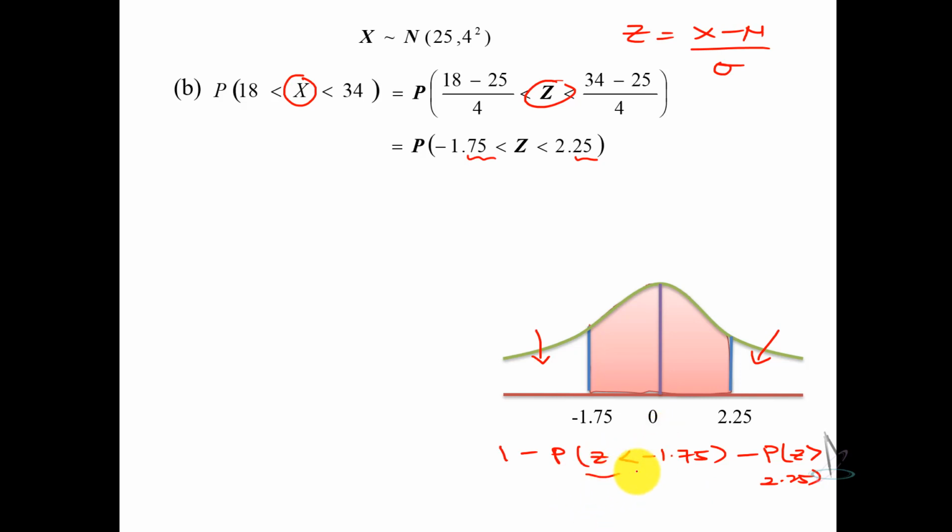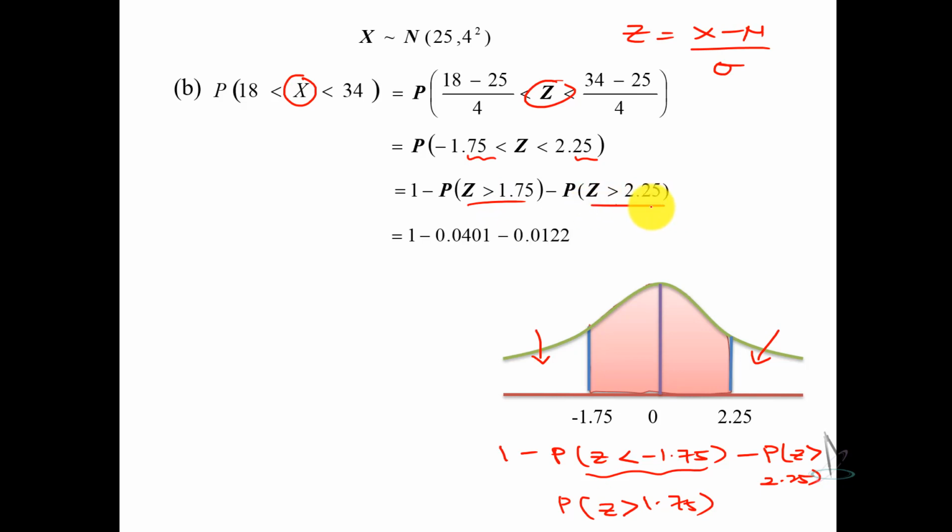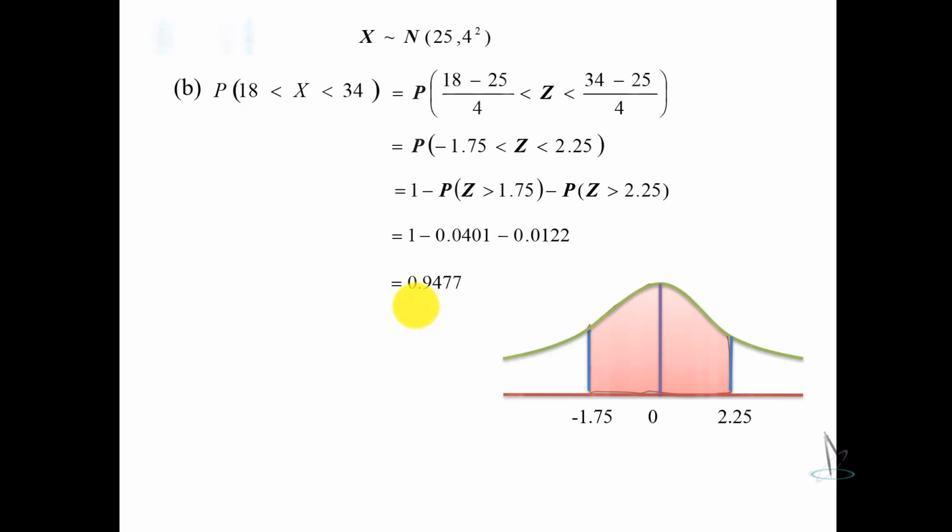However, this is Z less than a negative number, so by using symmetry, this is similar to probability for Z greater than 1.75. So this is 1 minus probability for Z greater than 1.75 minus probability for Z greater than 2.25. Again, use your table for them, and the value will be 0.9477. Okay, next.